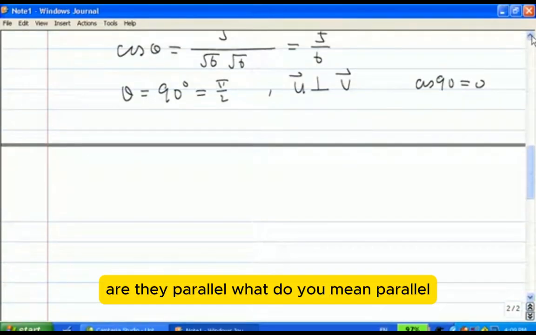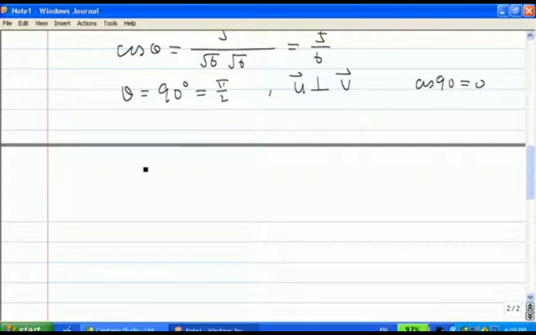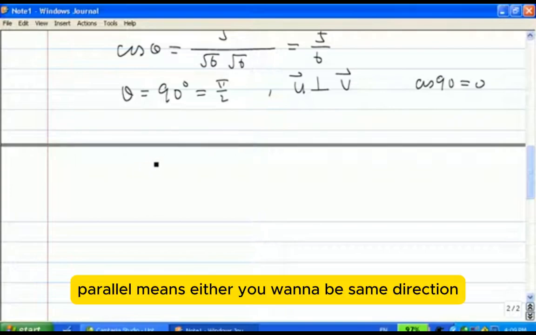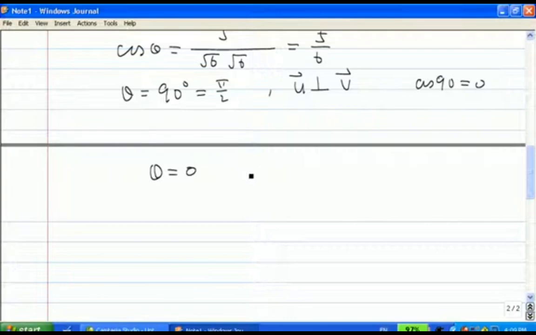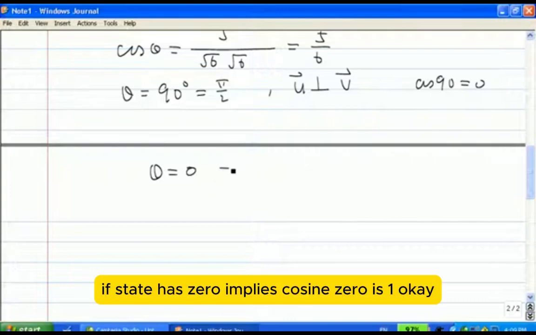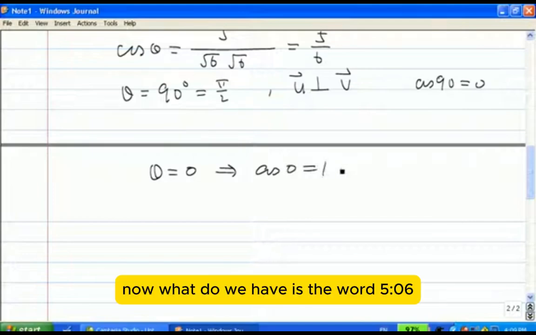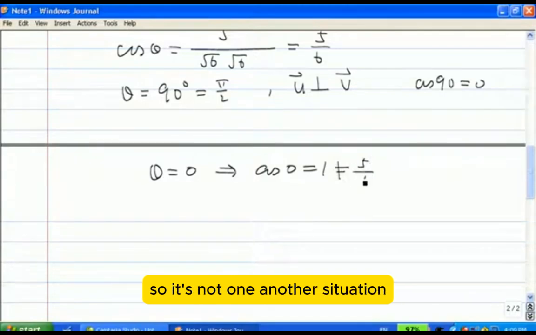Are they parallel? What do we mean by parallel? Parallel means either U and V have the same direction, which means theta is 0 degrees. If theta is 0, cosine 0 is 1. Now what we have is 5 over 6, so it's not 1.